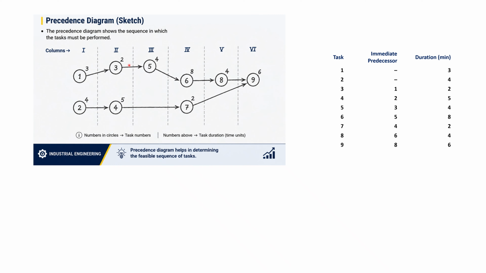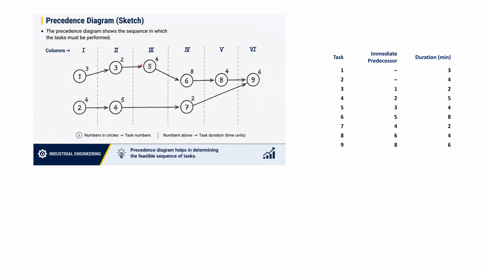Then 5 is here. What is the task before 5? That is 3. So after completing 3, 5 is started. So draw an arrow from 3 to 5 with 4 as the duration. The next task is 6. 6 is after 5.